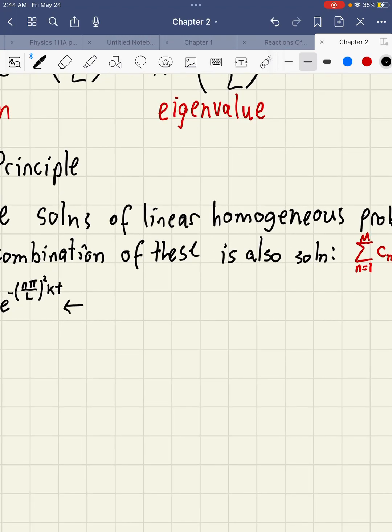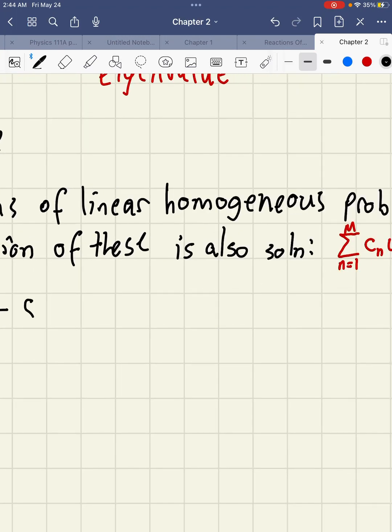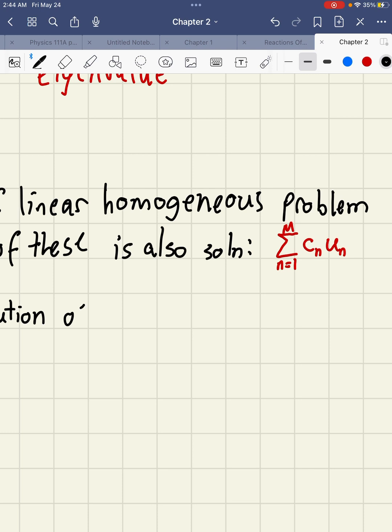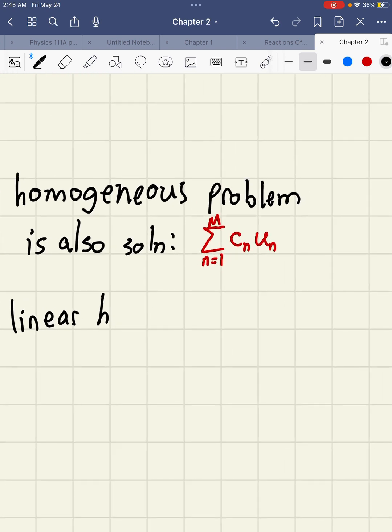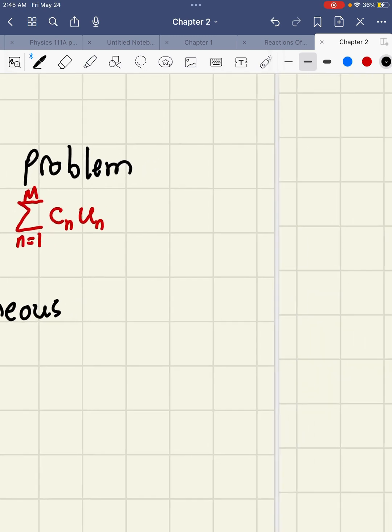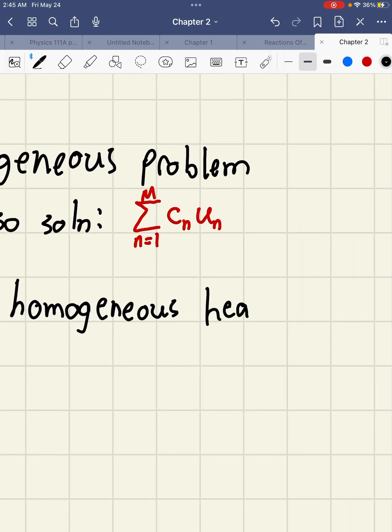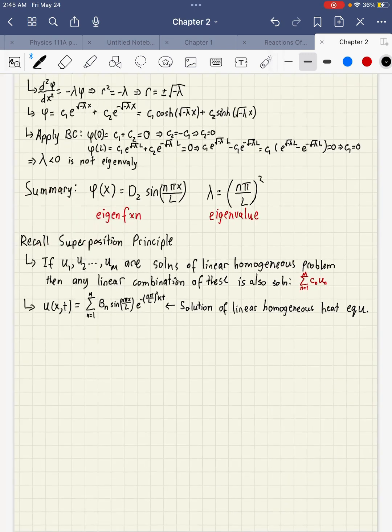This is the solution of the linear homogeneous heat equation.